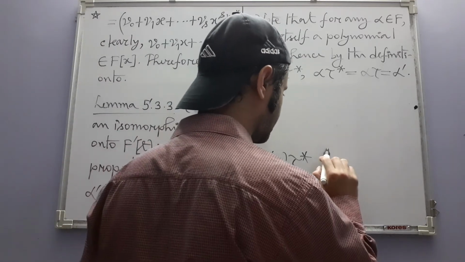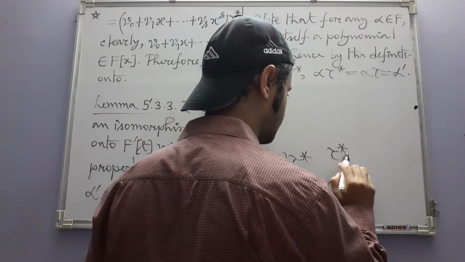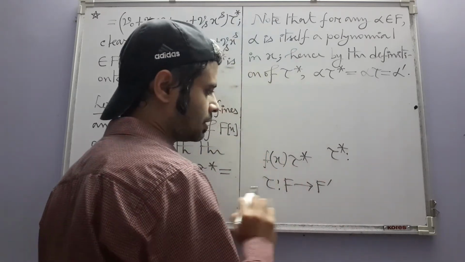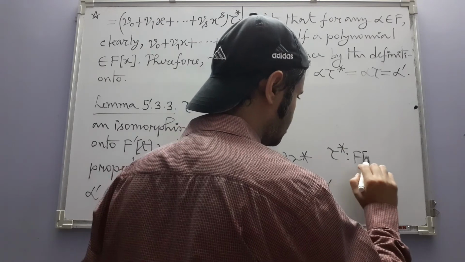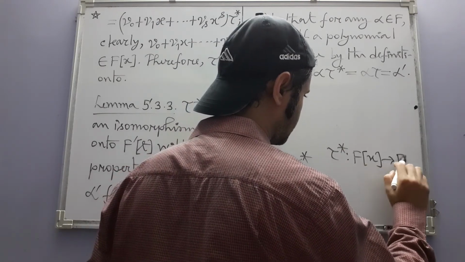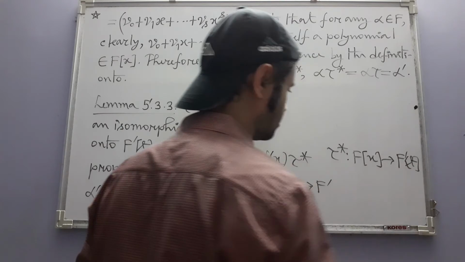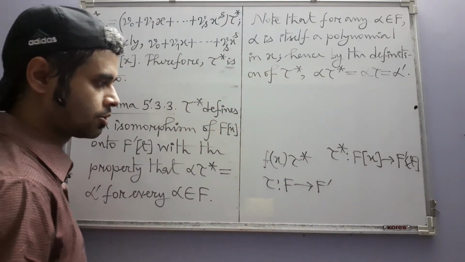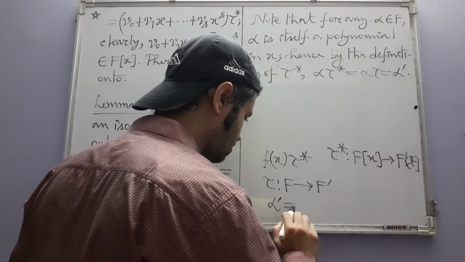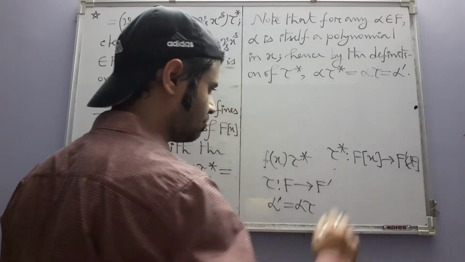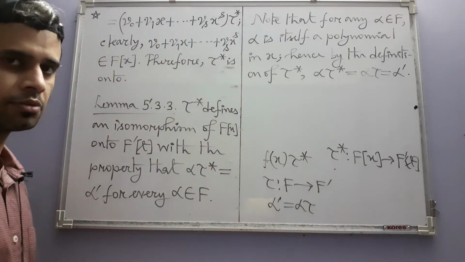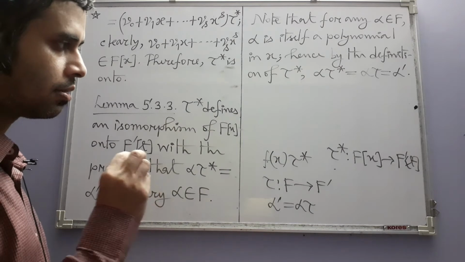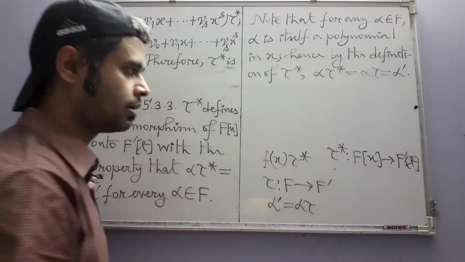Now we have shown that there is an isomorphism, defined using this previous isomorphism, between these two polynomial rings. So just like we had this simple notation, we can devise another simple notation which involves images of polynomials under tau star.